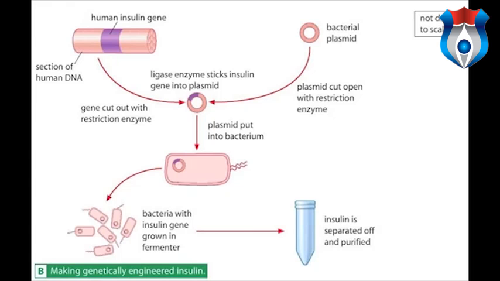When bacterial cells multiply, the genes which have been transferred into them also multiply. Bacterial cells multiply very rapidly, and large numbers of cells soon build up. In the case of bacterial cells genetically engineered to contain the human insulin genes, this means large amounts of insulin can be made very quickly.